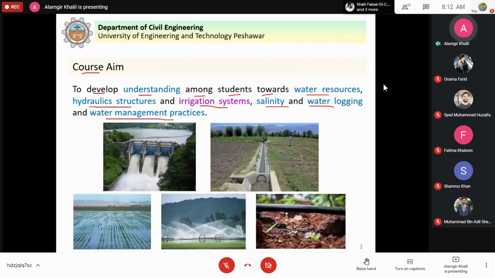The basic purpose of this course is to develop the understanding related to water resources, what the different types of water resources are.